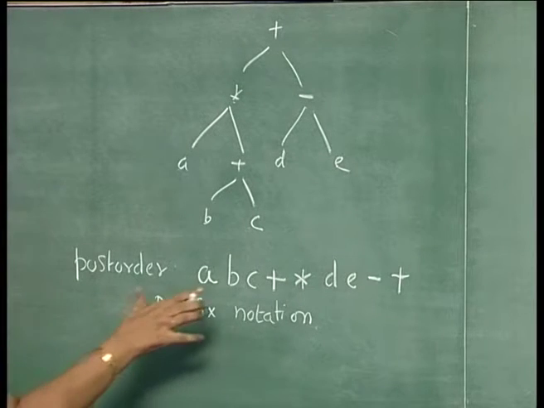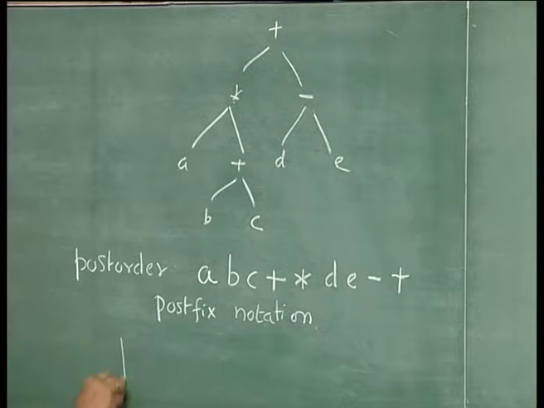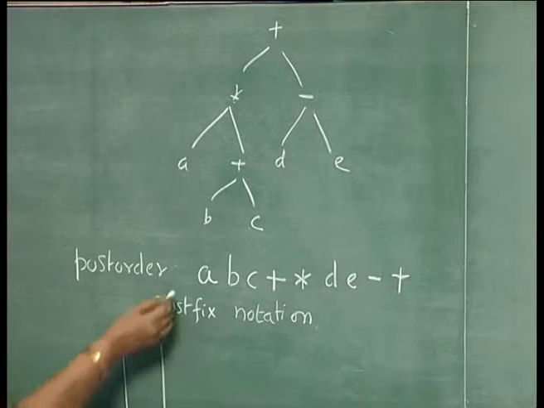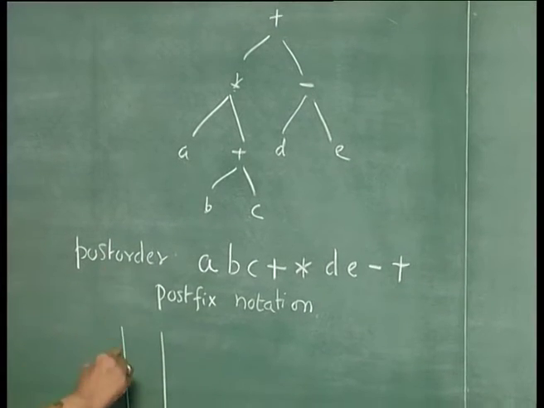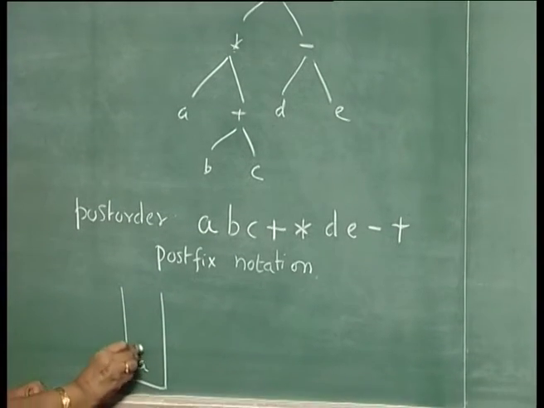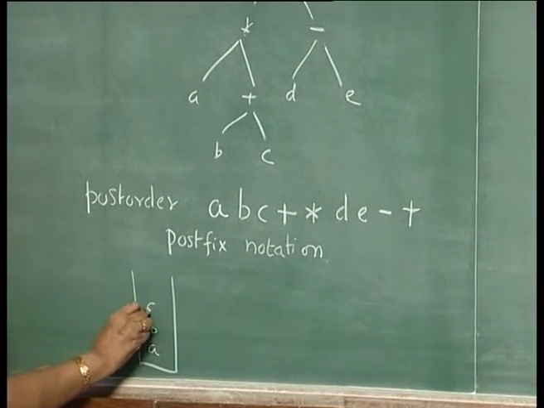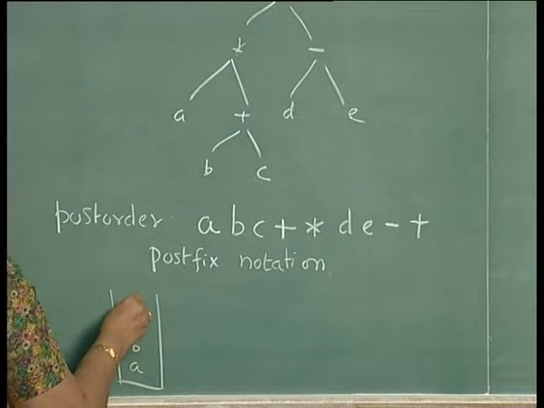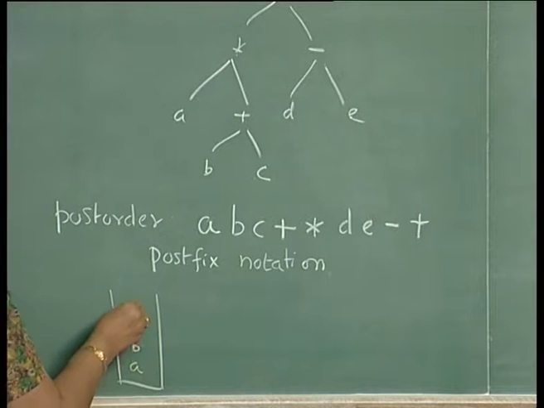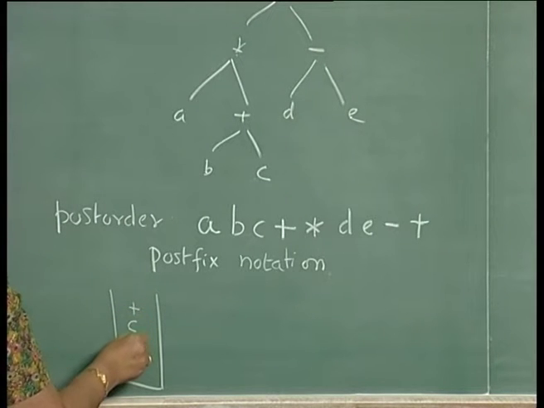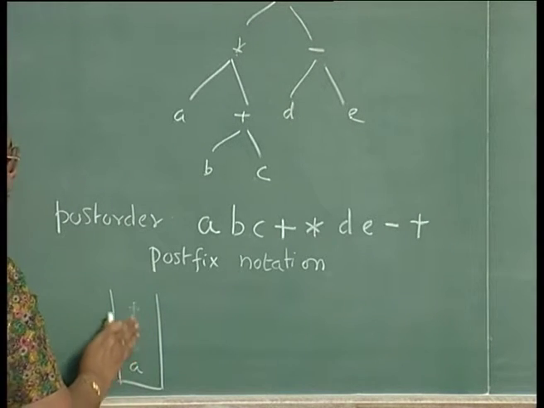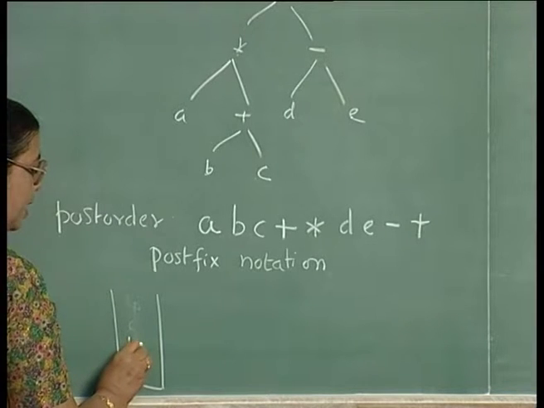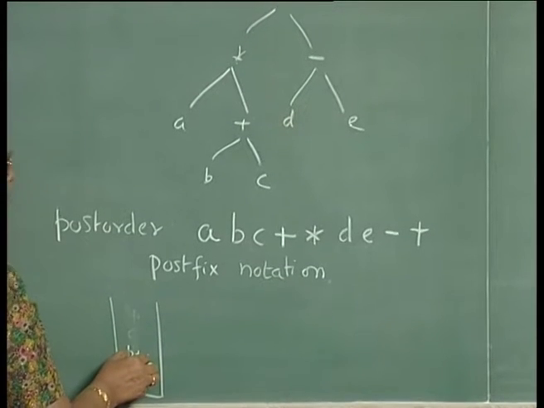Now, the expression will be evaluated like this. You will have a stack in which operands will be transferred one by one. So, A will be transferred, B, then C, then when plus, an operator, is transferred, it operates. It is a binary operator, it operates on these two, and the result of this B plus C is kept here.